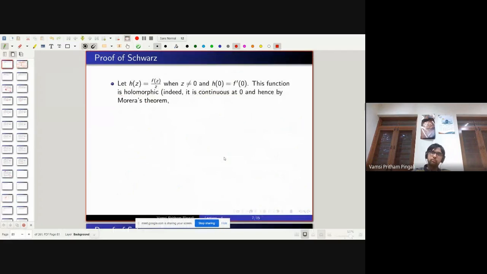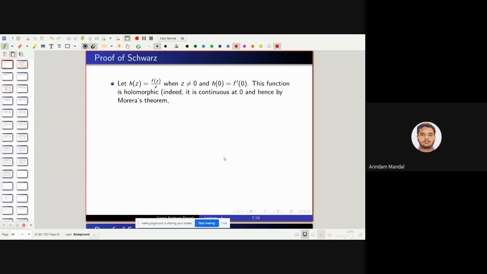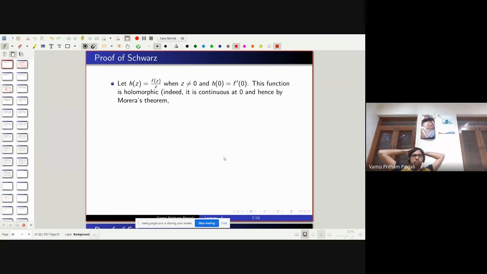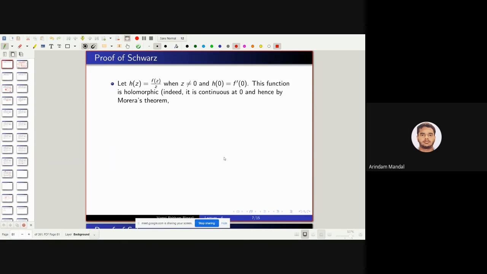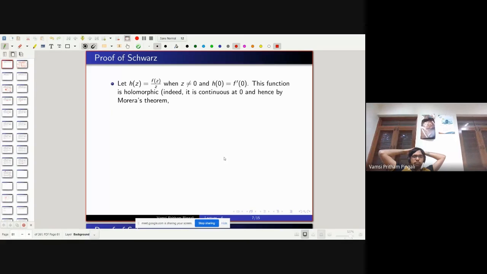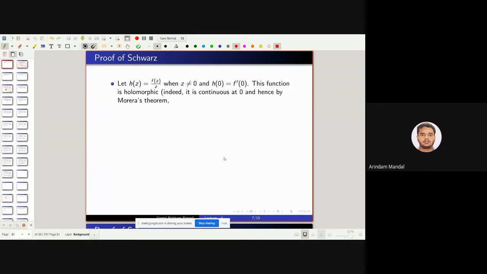I was asking how to show that the integral of f over gamma, where gamma is any triangle, is 0. Here 0 was the only problematic point, and we were approximating in such a way that the integral becomes smaller. Now, if there are more problematic points, let's say 2 or 3, will that process work?